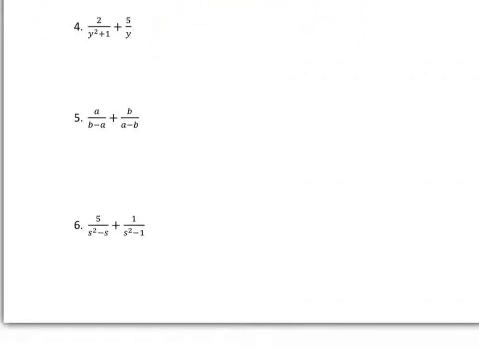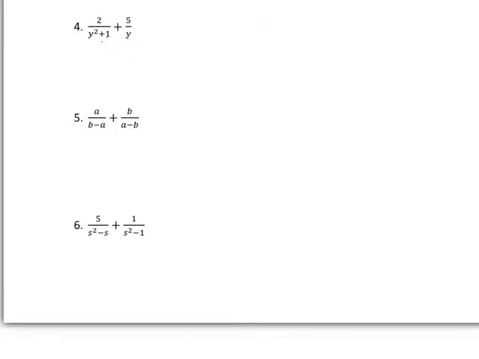All right, number 4. Here's where it gets a little bit tricky. In order to find our common denominators here, it's a little bit more work to be done. Okay, so you want to factor as far as you can first before you do anything else. So we got to find what the least common denominator is between these two. Since you can't factor the y squared plus 1, it's a sum of 2 squares, and you can't factor the y, you really just need to multiply them together.